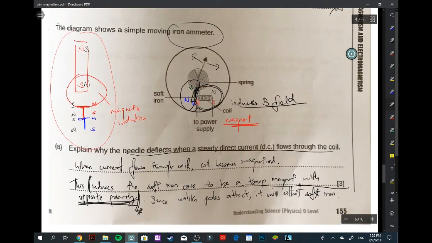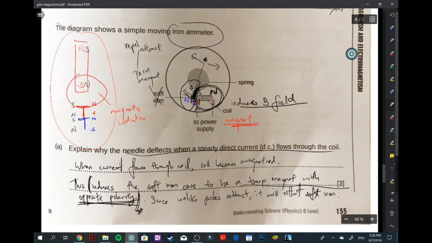Now, however, things can be different if there's a permanent magnet here. If instead of soft iron, it is a permanent magnet, what will happen is that there will be attraction and repulsion. Every time this is north and this is south, it may be attracted, and then when it changes to the next polarity, it will be repelled. So if this is a permanent magnet, then there will be repulsion and attraction.